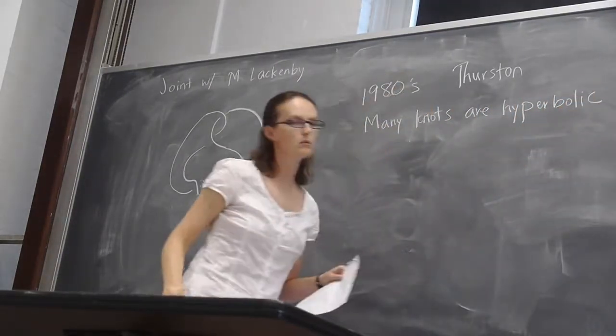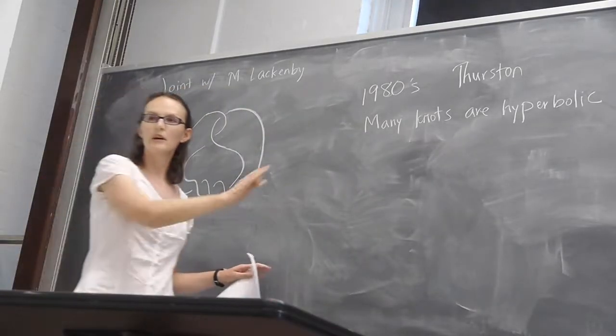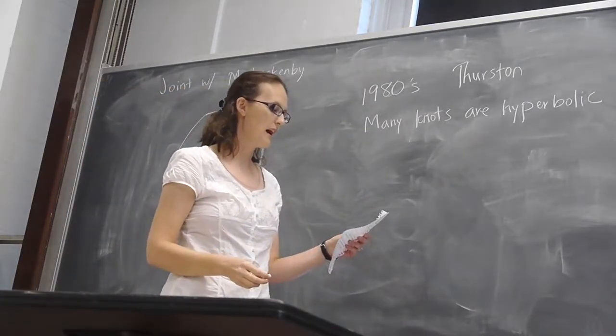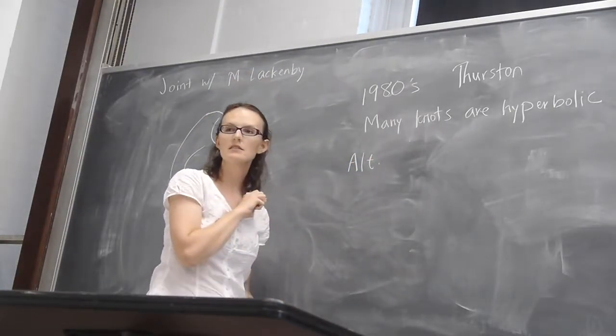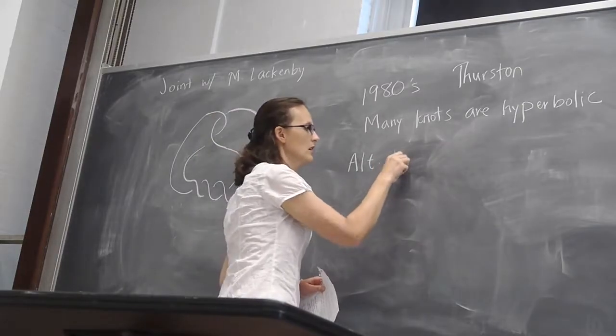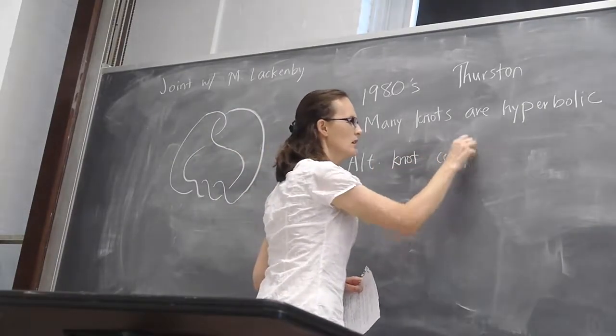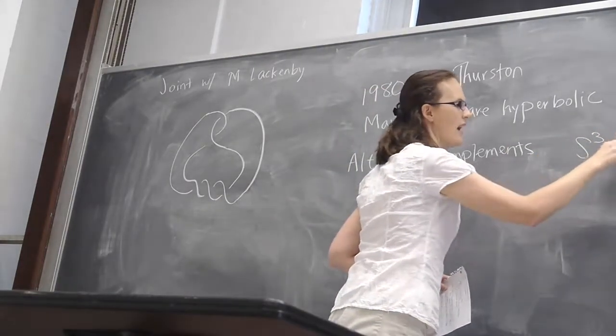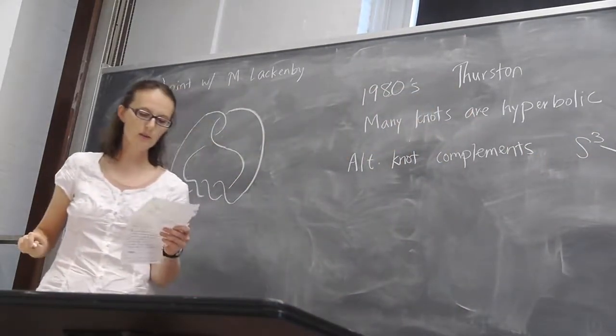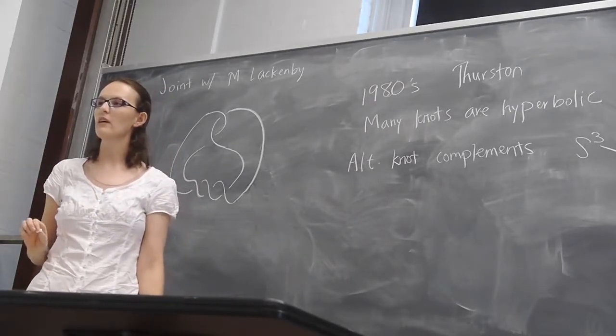That can be made more explicit, but I won't for now. Alternating knot complements were some of the first examples. The manifold is S3 minus K.